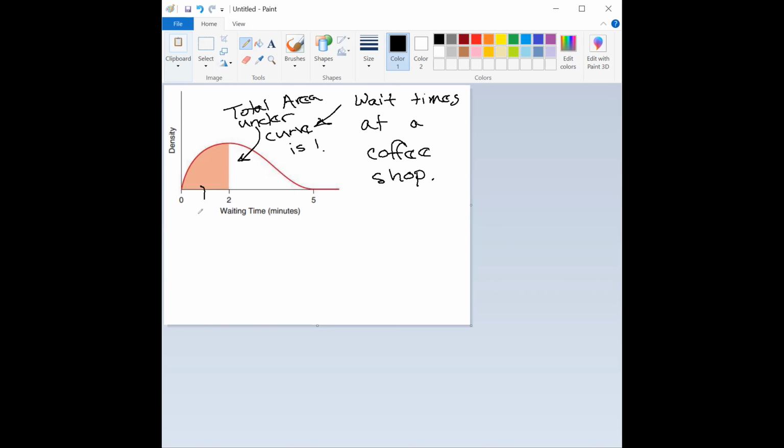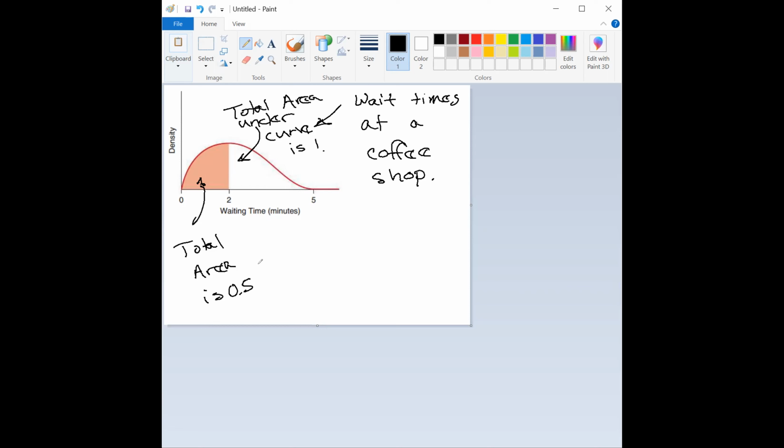And if the total area under the curve is 1, and then the area under the curve that's shaded here, which represents all the outcomes between 0 and 2 minutes, let's say that total area, I know it's hard to eyeball, looks like about half. Let's say that total area is 0.5.